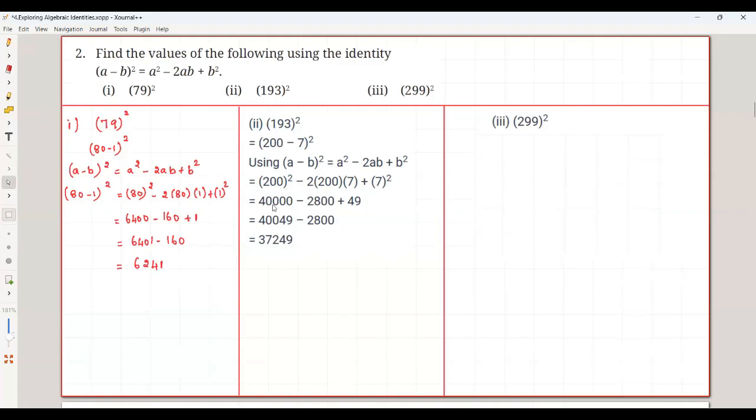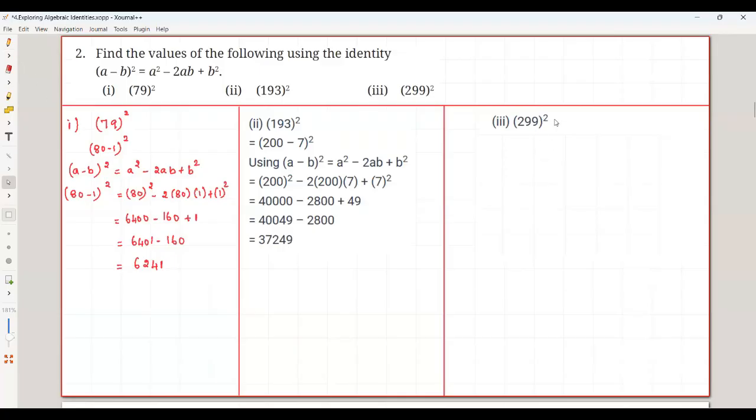Okay, 200 square is 40,000 minus 2 into 200 is 400 into 7 is 2,800 plus 7 square is 49. First you add the numbers: 40,000 plus 49 is 40,049 minus 2,800. The final answer is 37,249. How we are splitting, that is the matter.